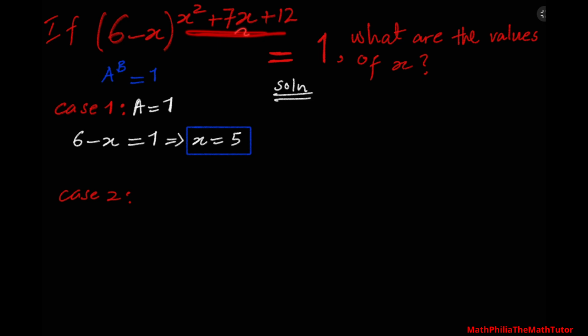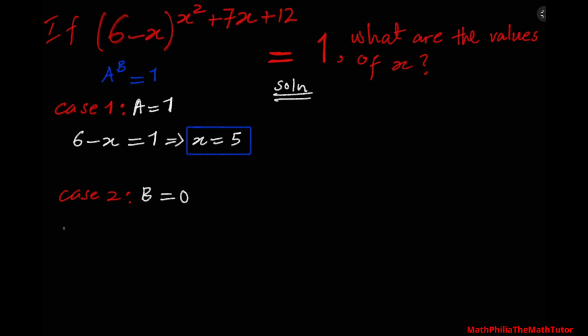Instead of this term, if we put a 0 there, will this equation be true? Of course, it will be true, right? Because if we equate this term to 0, then 6 minus x raised to the power of 0 is just 1, which is also true. So in our case 2, we are saying b is equal to 0. This b here is this quadratic expression.